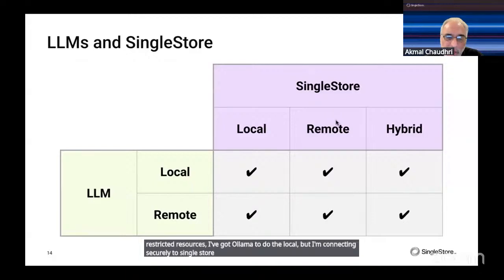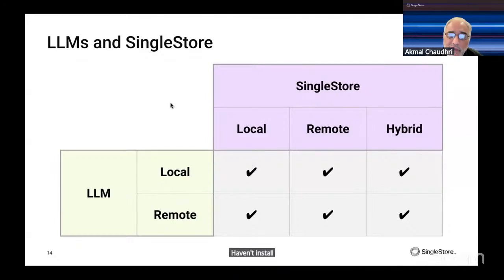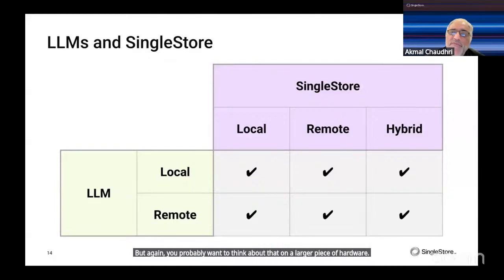Potentially, I could install SingleStore locally as well. It's something I'll think about. I have done it in a virtual machine in the past. I haven't installed it natively on the Mac. It's possible, but you probably want to think about that on a larger piece of hardware if you are doing enterprise level work. On a Mac, it's doable, but I don't know if there's any real benefit.